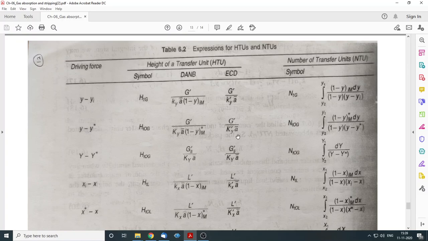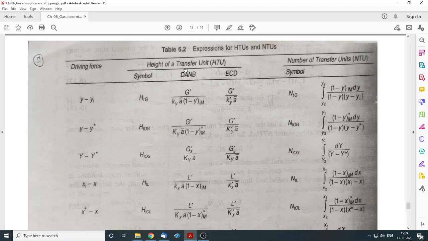Packed column is continuous, and based on different phases, different driving forces, there will be different expressions of height. And total height can be divided into two parts: height of a transfer unit and number of transfer units. And height of transfer unit depends mainly on the packing interfacial area available.